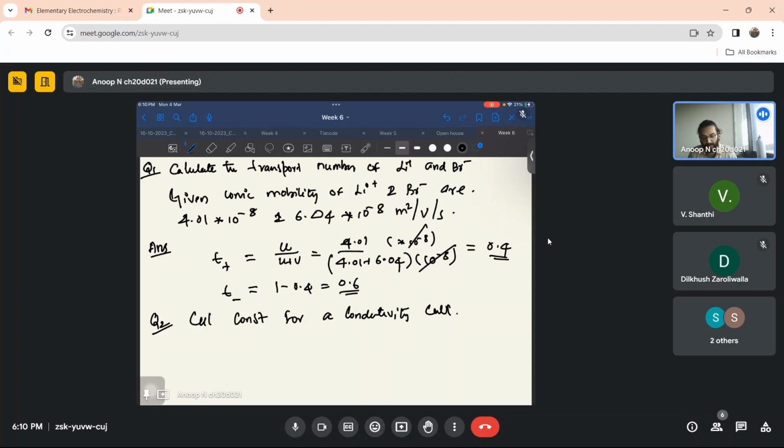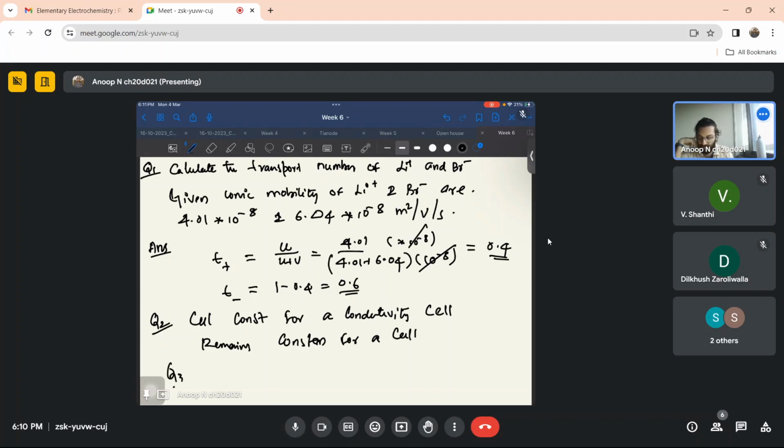Last week we solved a number of problems where the resistance for a specific setup is given initially. Using that we calculate the cell constant, and using the cell constant we calculate the conductivity of another concentration of solution. So the cell constant remains constant for a cell.